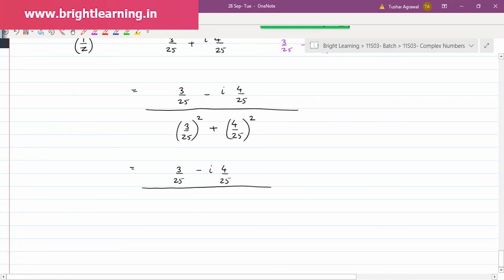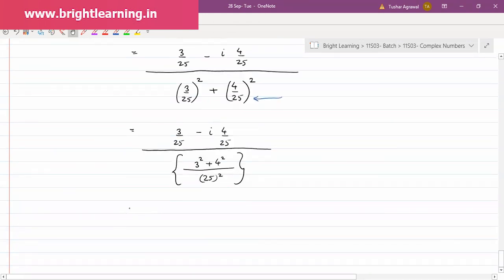It is 3 square upon 25 whole square plus 4 square upon 25 whole square. Now just concentrate on this denominator. It can be written as 25 square, and here the numerator will be 3 square plus 4 square. Correct?